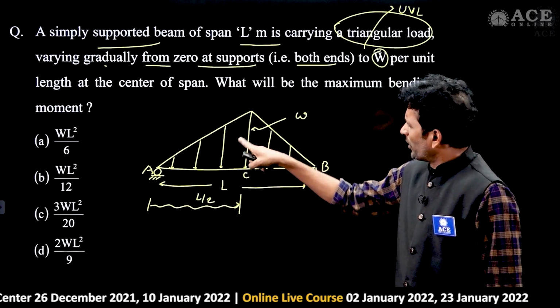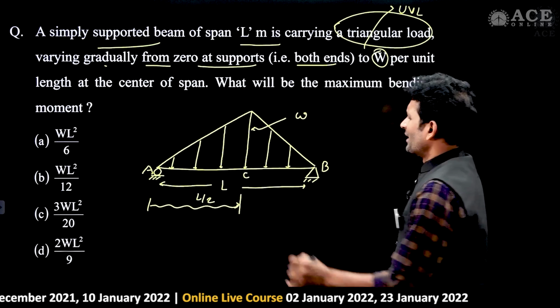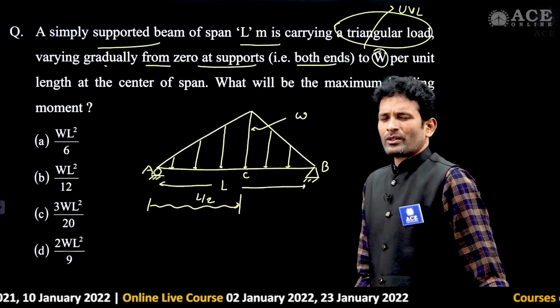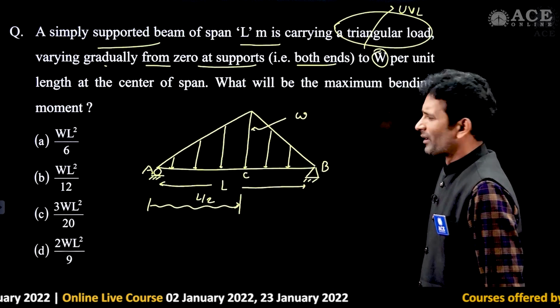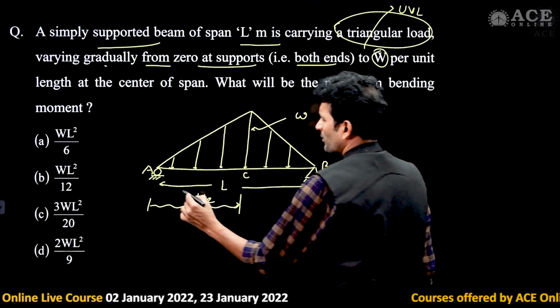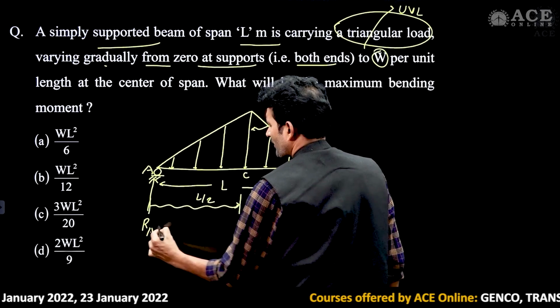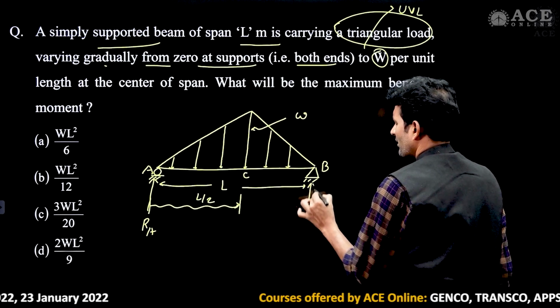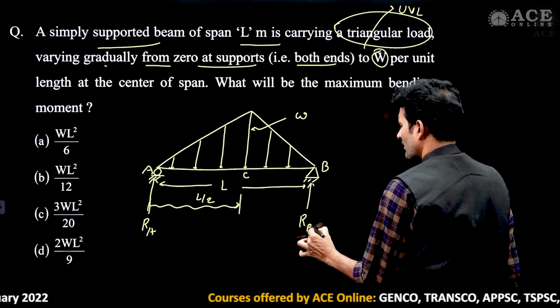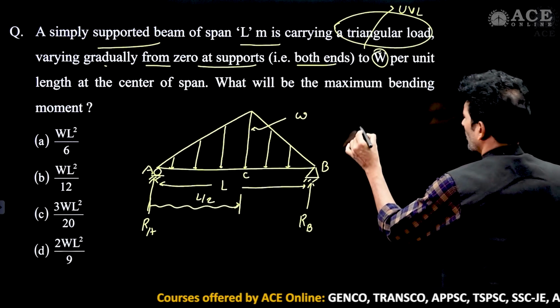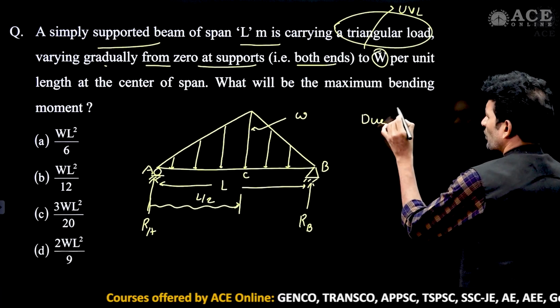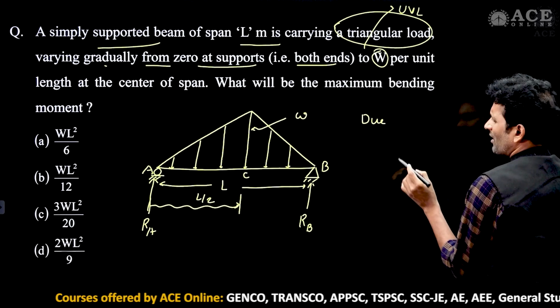When you look at the loading diagram, it is a symmetrical load. When the load is symmetrical, how do we find the reactions at both supports? By a small trick: the total load divided by 2 gives the reaction RA or RB.